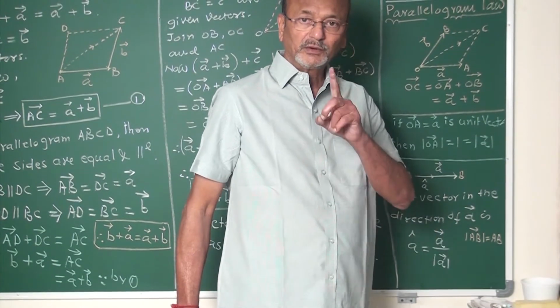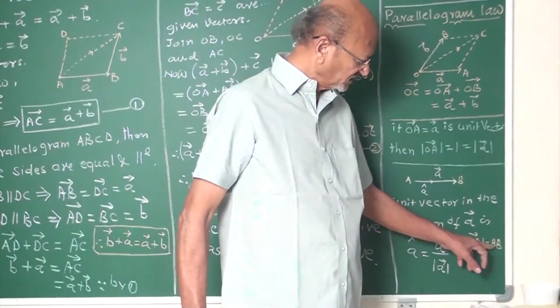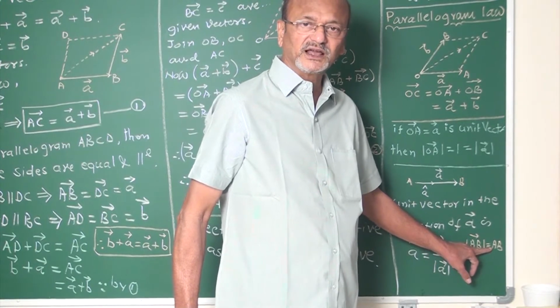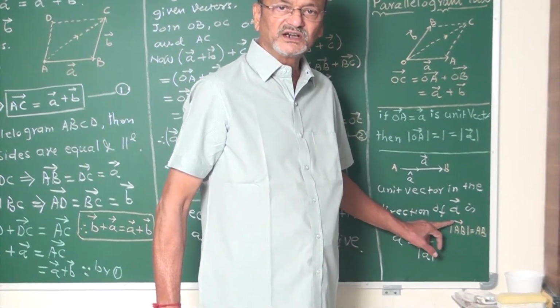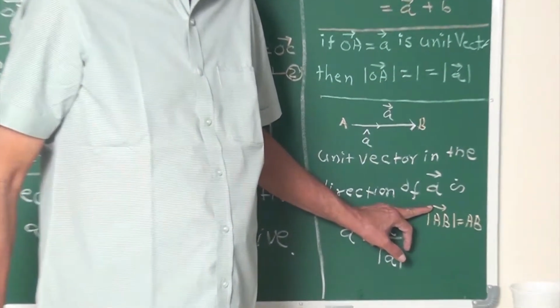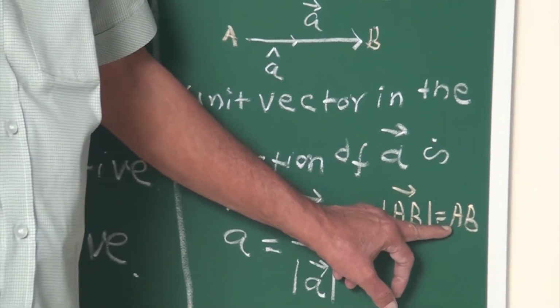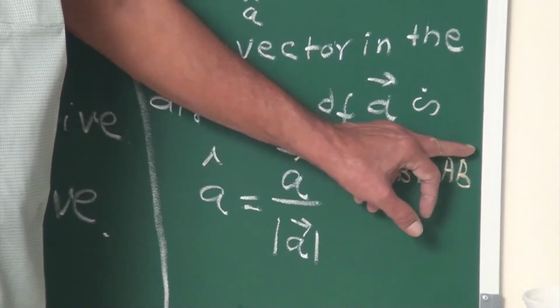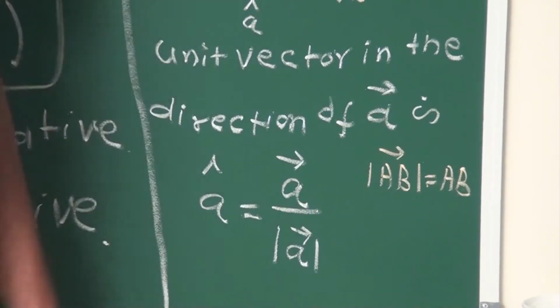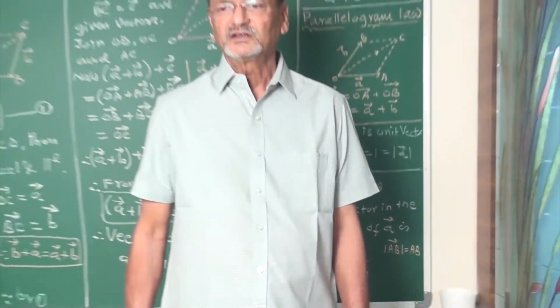So remember, this modulus is nothing but simply the length. Modulus of AB can be written as AB itself. My friends, remember one useful result by this definition. Yes, that is the representation of a vector.